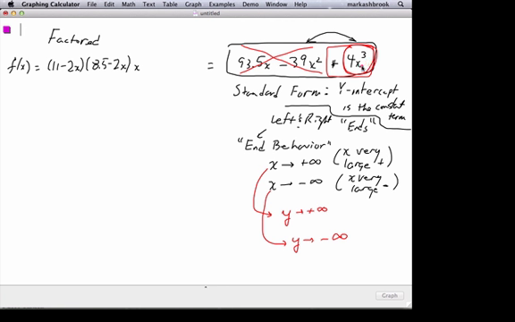Because we're going to multiply it together an odd number of times, a large negative, we're going to end up with a large negative. So this is the idea of the end behavior of this graph: as we go way out in positive x territory, what will the graph do? As we go to positive infinity, y will also go to positive infinity. As we go to negative infinity, it's going to go negative.